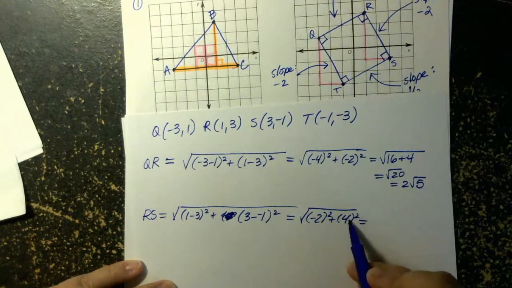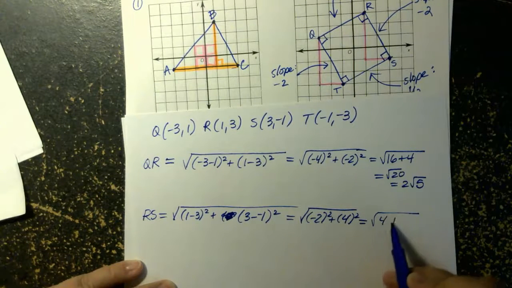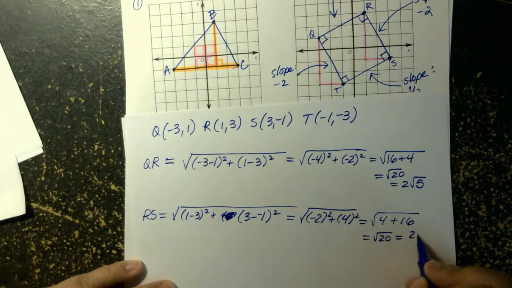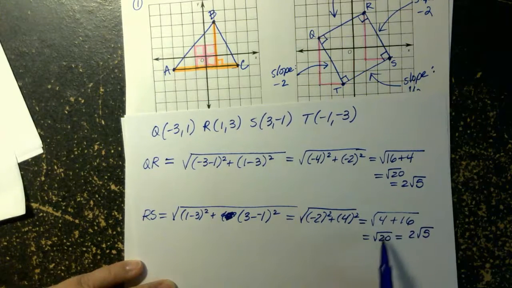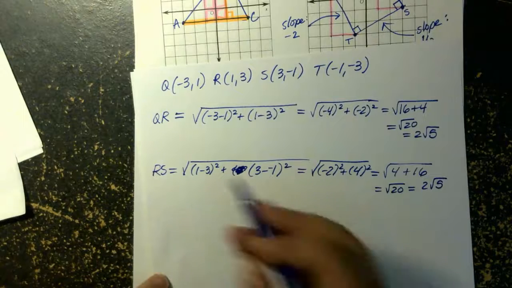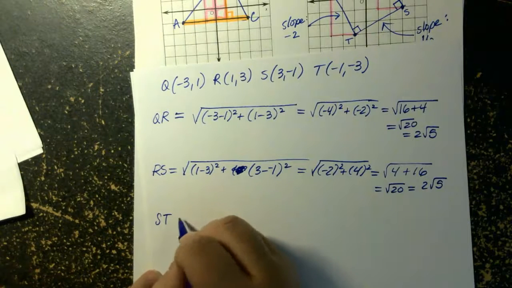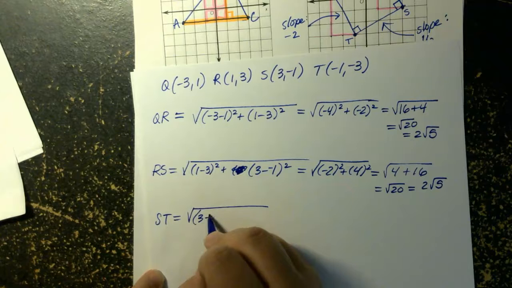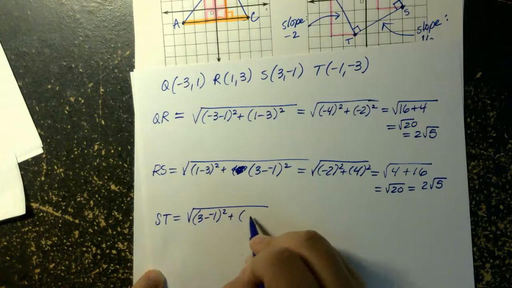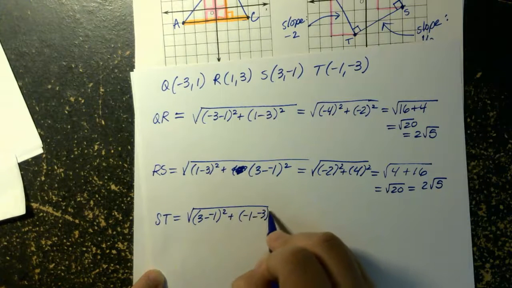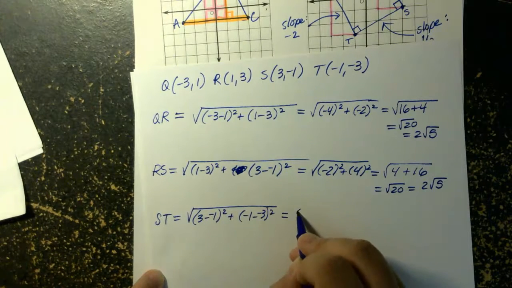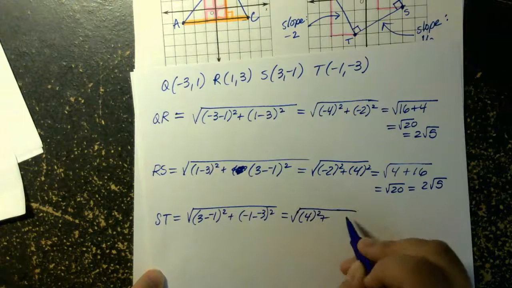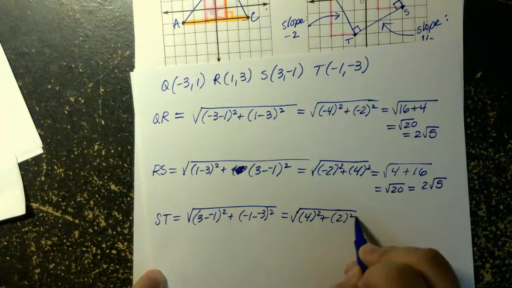Two squared, 4 squared, same numbers. What do you know? I don't need to go through this process over and over again in terms of simplifying if I know that it's always going to be the same numbers. Let's see. ST, guess what?